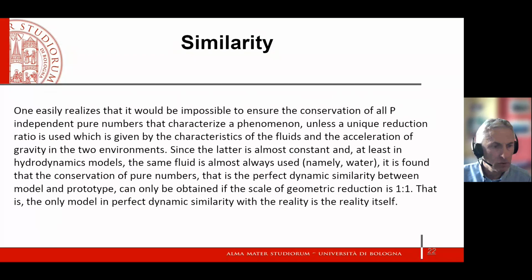Since gravity is almost constant over the Earth, and at least in hydrodynamic models the same fluid is used, typically water, it is found that the conservation of the pure numbers, which means perfect dynamic similarity, is only reachable if we make a model in the scale 1:1, which means that we have to make a model that is as large as reality, which is not possible in general.